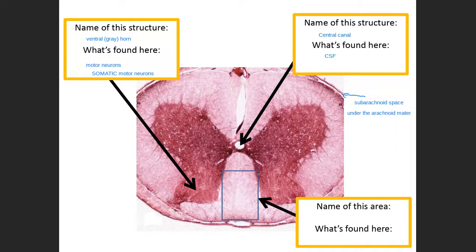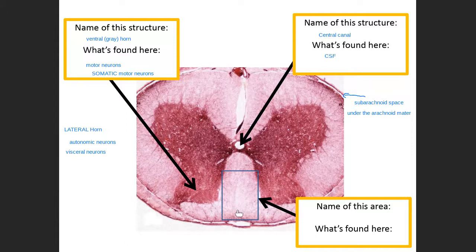So the other kind of motor neurons were called autonomic neurons, or another word for them is visceral neurons. Those ones live in the lateral horn, which we did not label because it's missing.